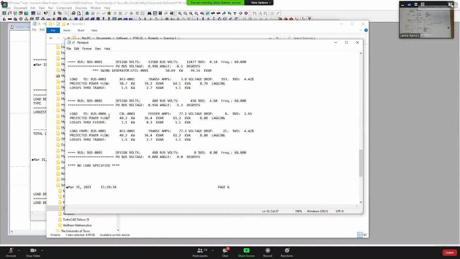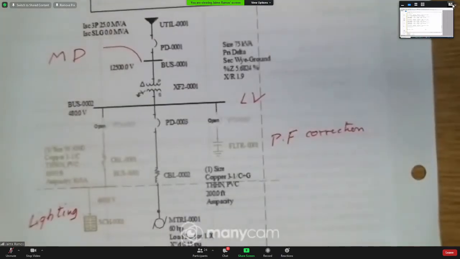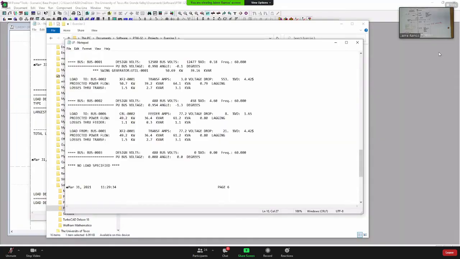Can you find bus number 6 in your one-line diagram? Or maybe you can open components and see if you can find which buses the cable is connected between. I suspect it is bus number 6 that we really need to look at.